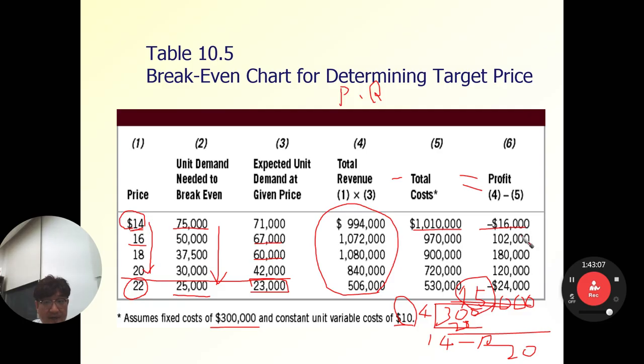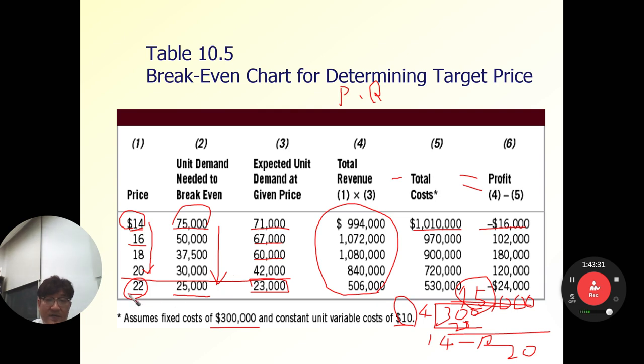So what is the problem of increasing the price like this? Again, if you increase the price, your break-even point is going to be a lot smaller. However, here the break-even point is 75 and the demand is 71.